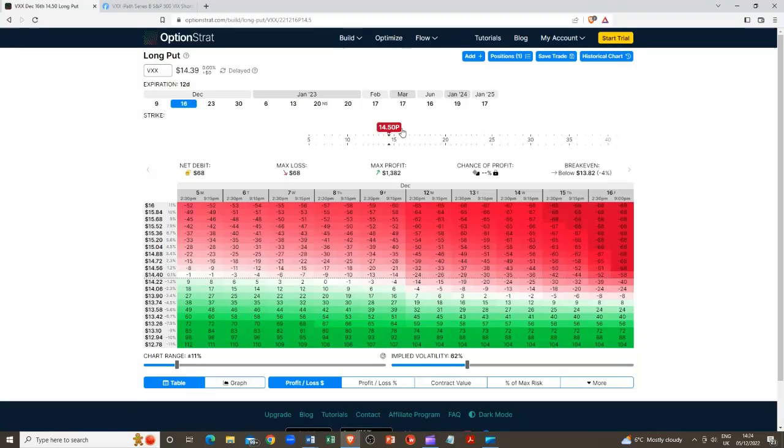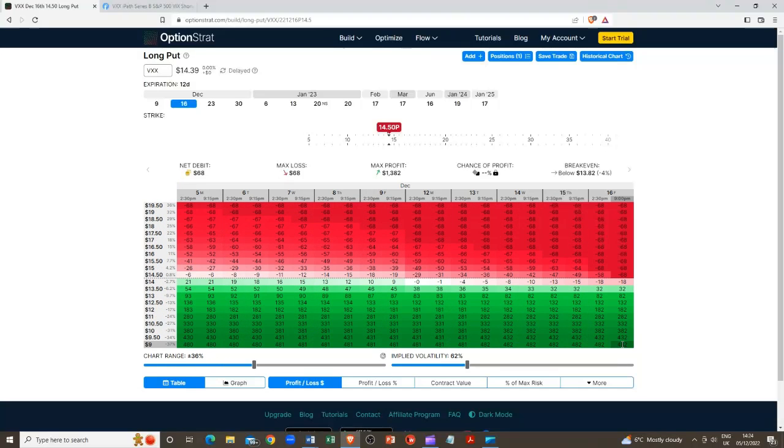So going back to Optionstrat, the indication here is if we buy the 14.50 put, we will pay $68, and that is the maximum amount we can lose, but there is a maximum profit potential of 1,382. And if we look at the chart range, what you will see is that the value of the profit increases as the price drops, but also as you move towards the expiration date of the contract. And so all you need to anticipate is less than a dollar drop in the price of the underlying asset.